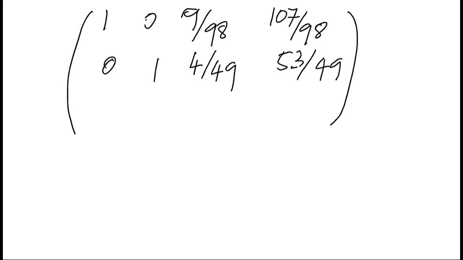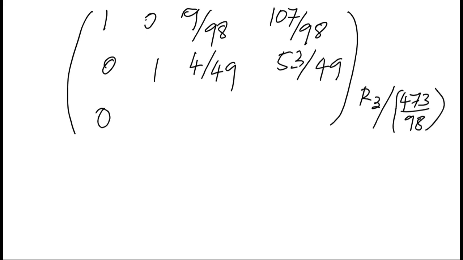But I have to make the third row, third element 1. So I am dividing R3 by 473 by 98, so that you will get 0, 0, 1 and 1 here.